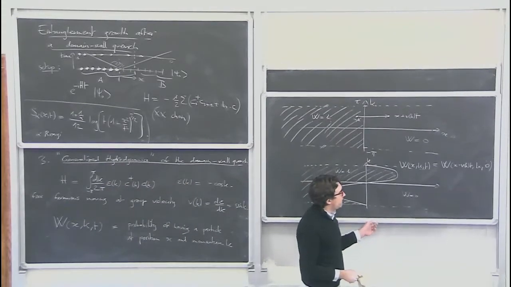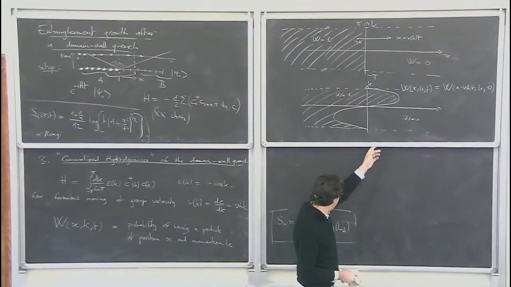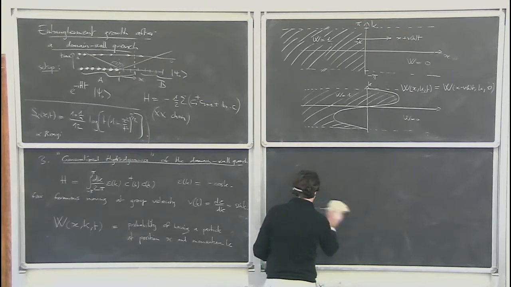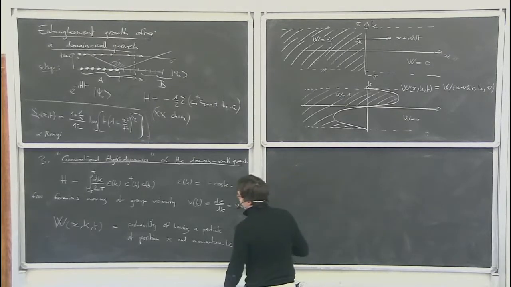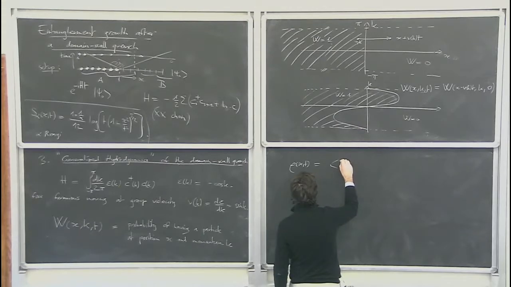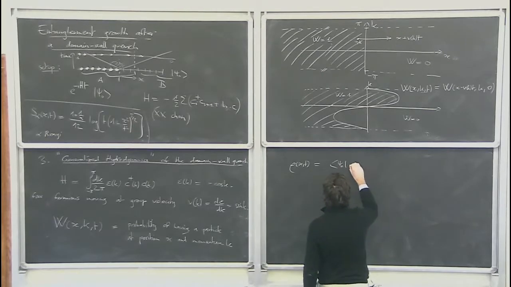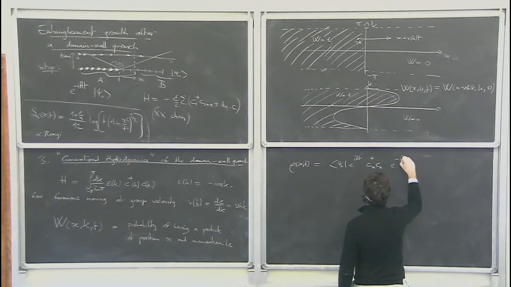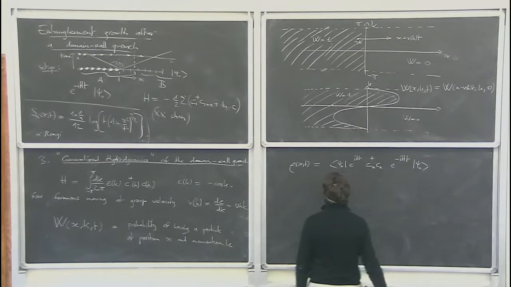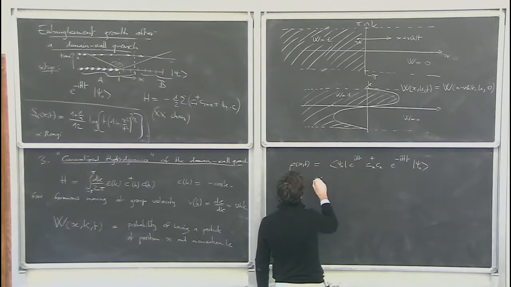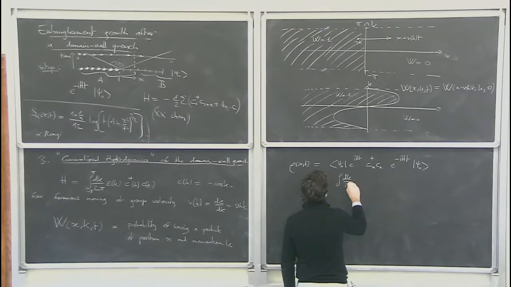And so now I can get the density profile for free, because the density at position x and time t, which in the original microscopic model is defined as this, the expectation value of c dagger x c x, e to the minus i H t, psi naught, in this semi-classical picture has to be given by this.